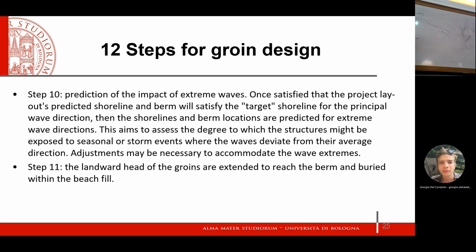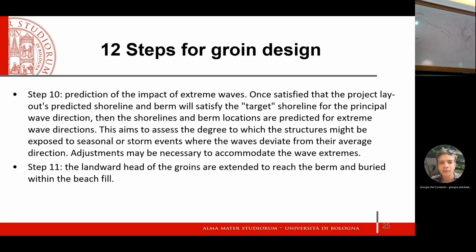The aim is to understand what could be the occasional forcing the structures are exposed to, because these structures during storms are subjected to wave forcing, and in some cases they may get damaged or they may ruin under the action of waves. And also it is important to consider what may happen if the longshore sediment transport is caused by unusual waves that deviate a lot from the average wave direction.